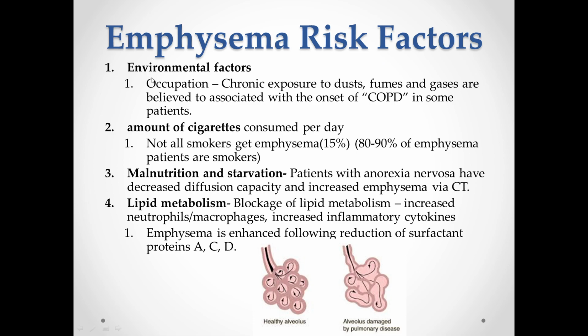There are some environmental factors and some risk factors that are associated with the disease. Environmental factors would be occupation; chronic exposure to dust, fumes, and gases are believed to be associated with onset, and I put COPD in quotes up here. I'd really prefer that people discuss the term emphysema instead of this term in many patients.